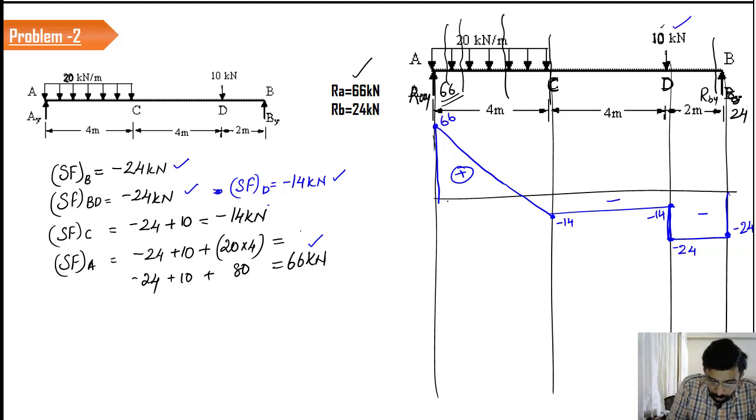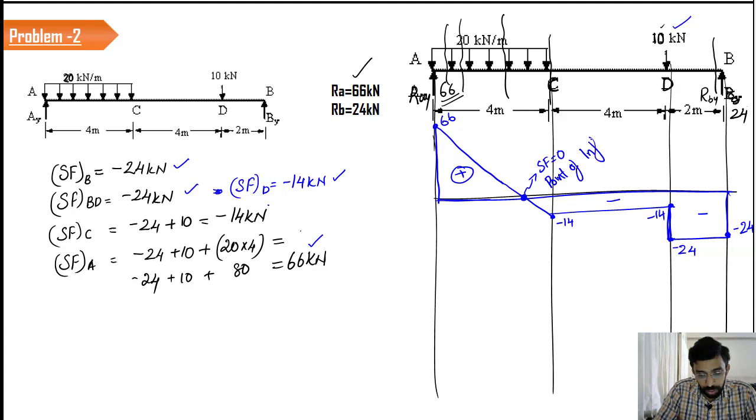So right now we can see that at a particular location your shear force becomes 0. Here shear force is equal to 0, and this particular point can be called the point of inflection. Based upon the relation, we can say that here we can expect a maximum bending moment.